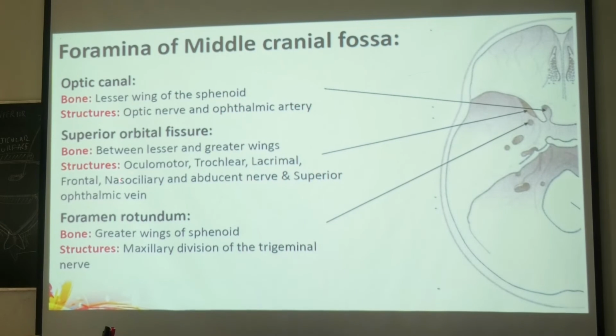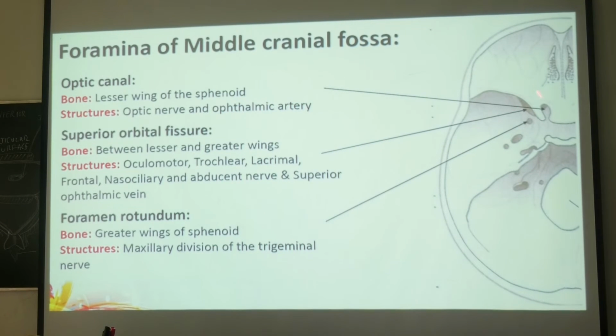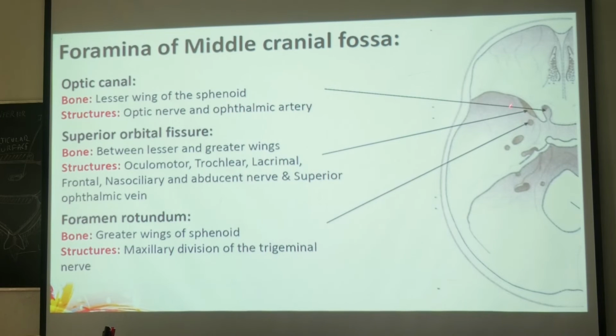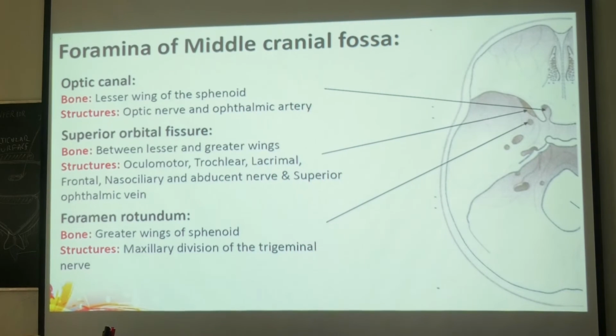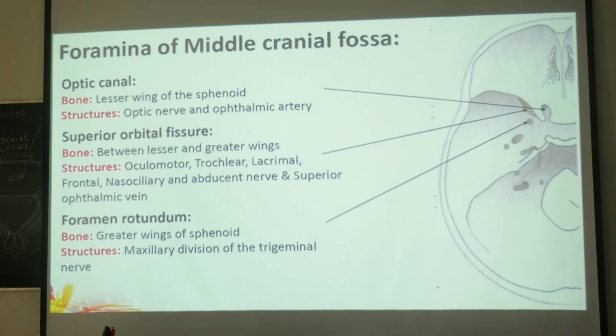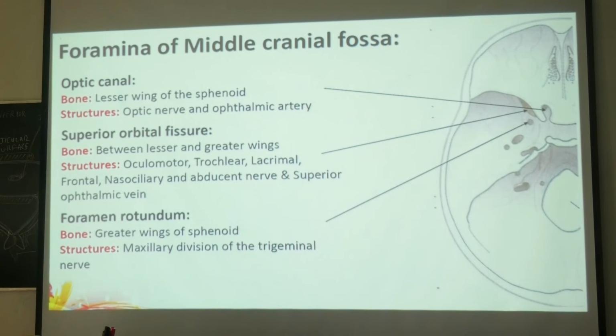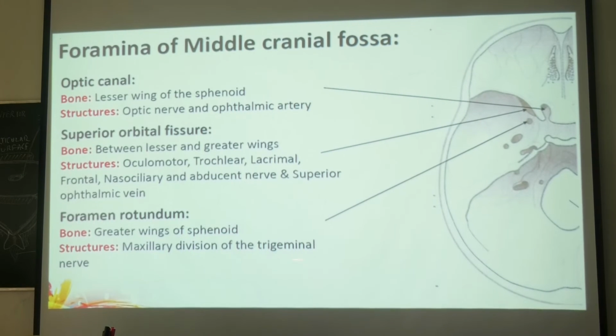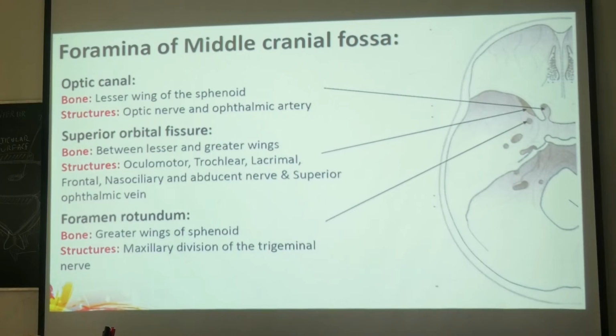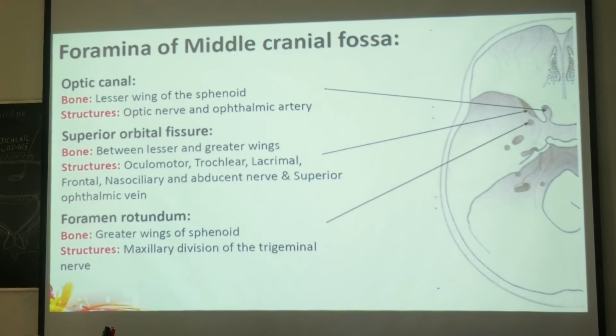The ophthalmic division passes through the superior orbital fissure, which gives these branches: lacrimal, frontal, nasociliary. These are branches from the ophthalmic division. So the foramen rotundum gives passage to the maxillary division of the trigeminal nerve. We have read the 3 divisions in the lecture.